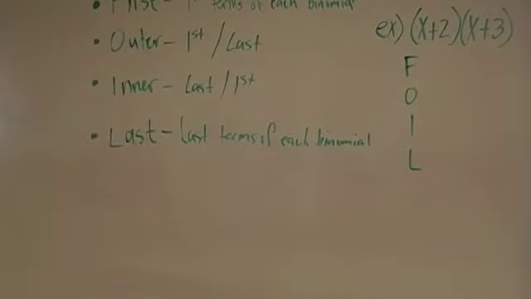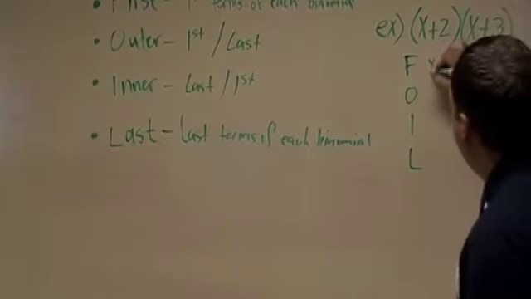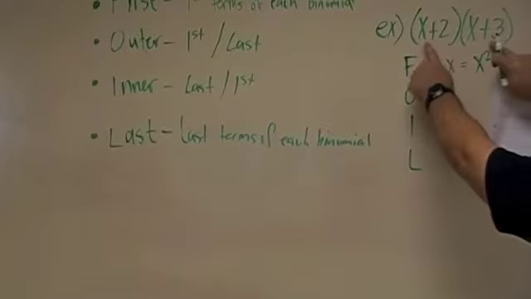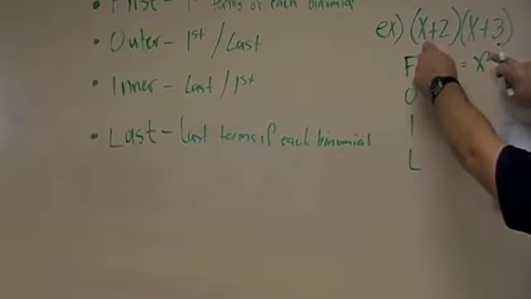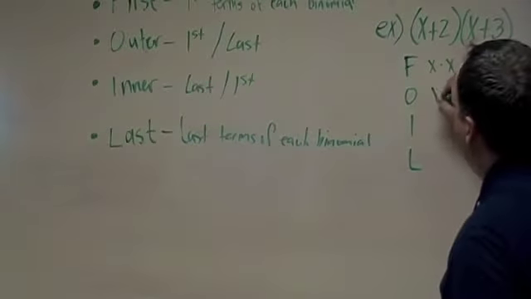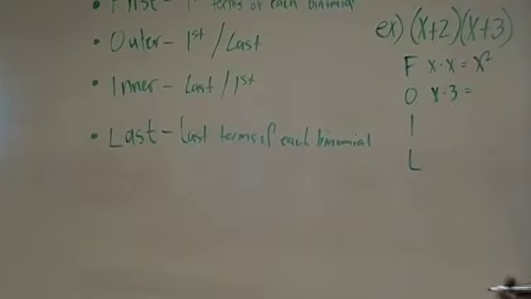The first says the first term of the first one, which is x, times the first term of the second one, which is also x. What's x times x? X squared. There's your F. The O stands for outer. Outer means the outside two: the first of the first binomial and the last term of the second binomial. So it's actually going to be x times 3. How would we write that correctly? 3x.